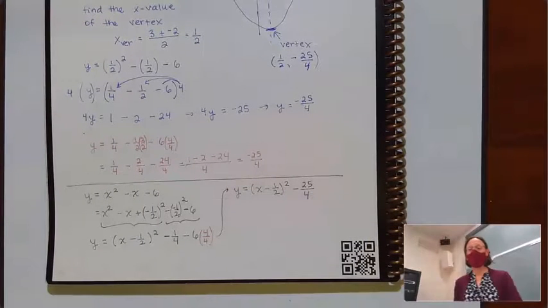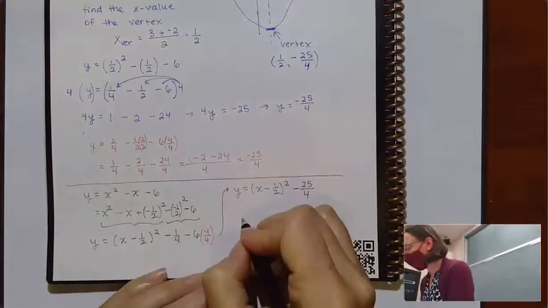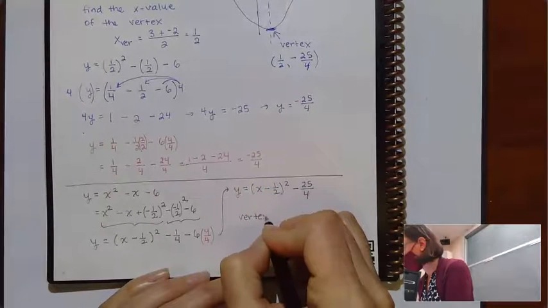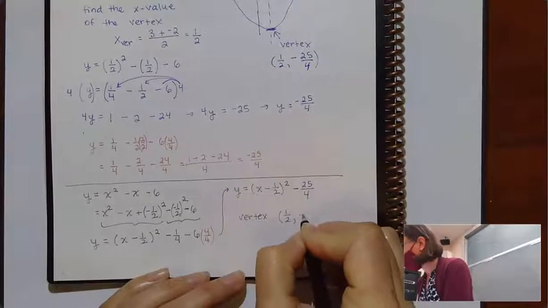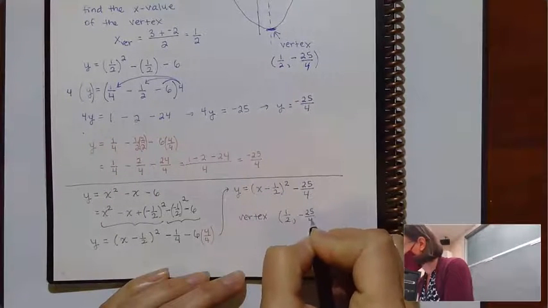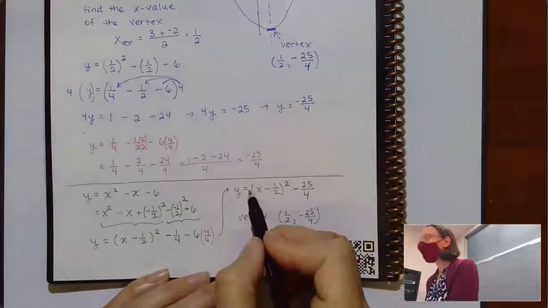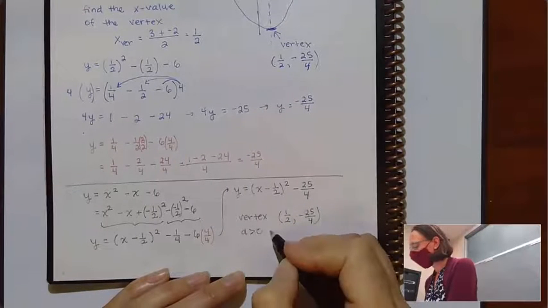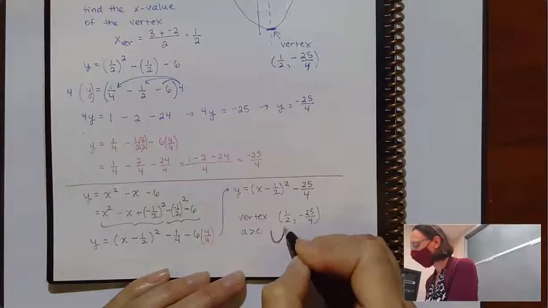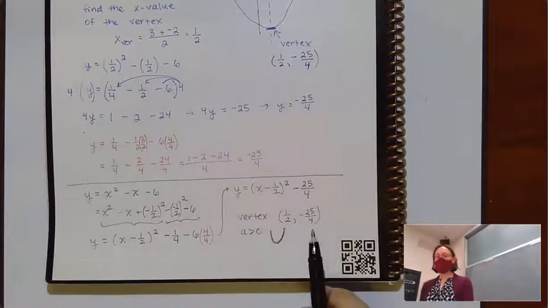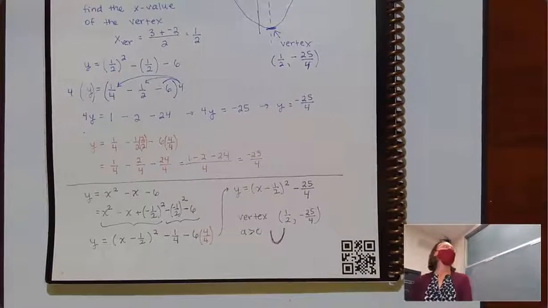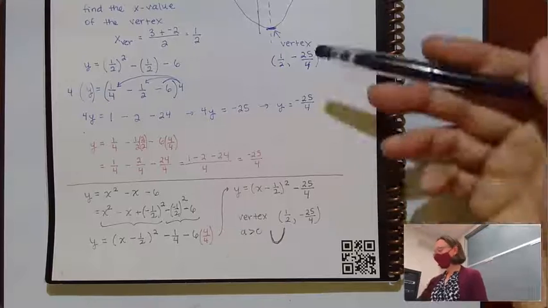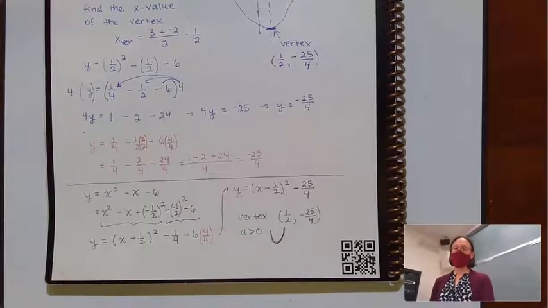And now it's in that vertex form, and we can grab that vertex off of 1/2 comma -25/4 and say the invisible number out in front is positive. So it would be a concave up parabola with a vertex at 1/2, negative 25/4. And that matches what we've got going on in our graph up above.